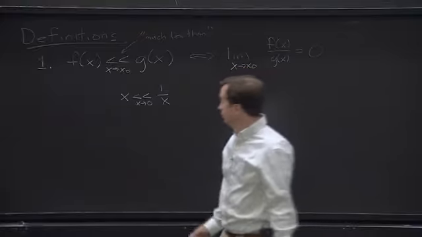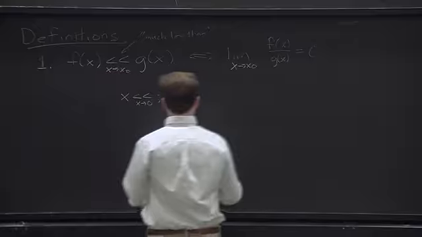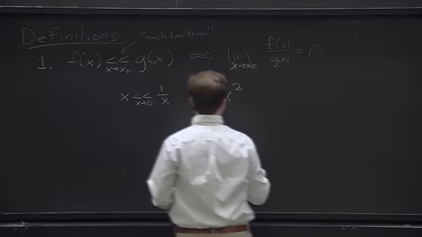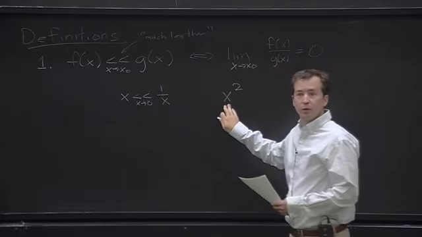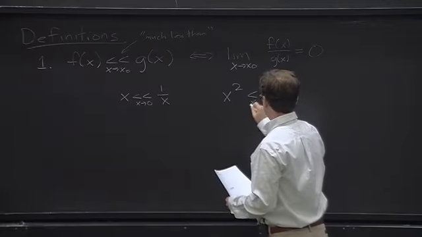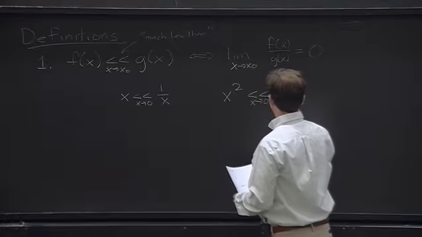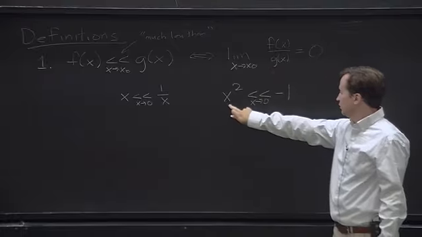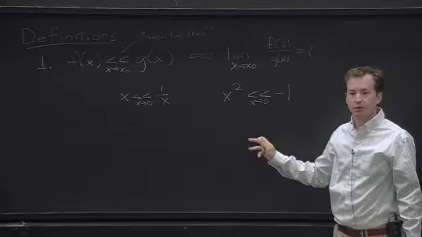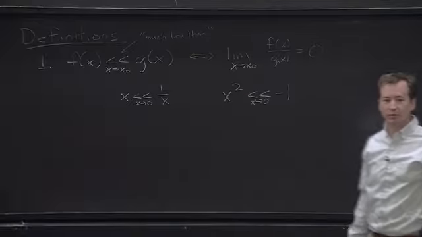There are also some weird relations we can write down that are correct with this definition. For example, x squared, which for real x is always positive, is much less than -1 as x goes to 0. So x squared is both much less than -1 and greater than -1. It's weird, but that's the way the definition works.